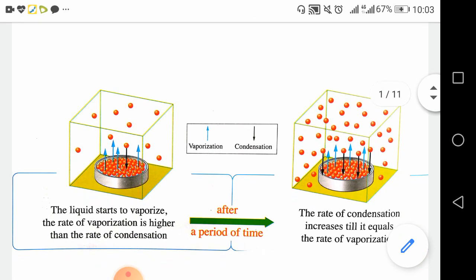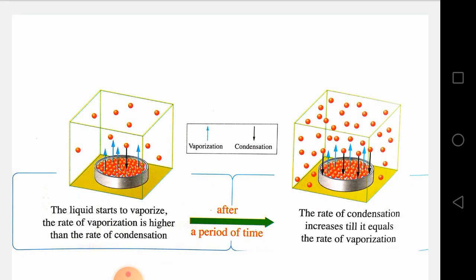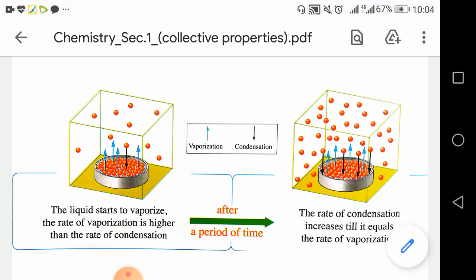In the case of a pure solvent in a closed system, what is the meaning of closed system? It is a system that allows the exchange of heat or energy, but not the exchange of matter. So the molecules of pure solvent attract each other. Also, they are in continuous free motion.